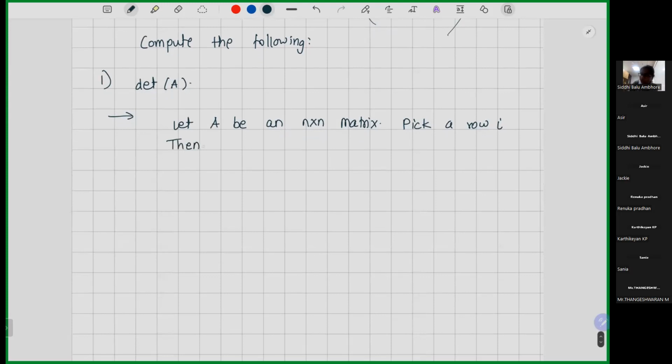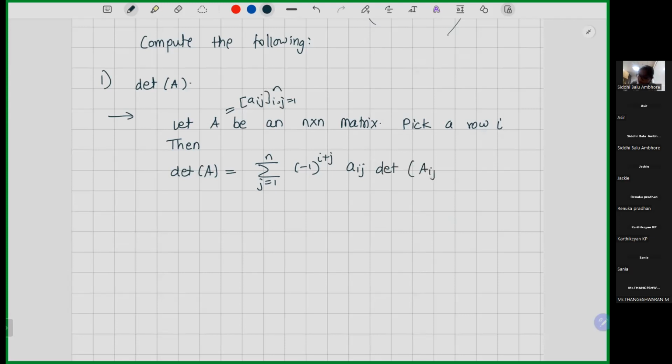Then the determinant of A is the summation over j from 1 to n of minus 1 power i plus j, a_ij, where A is actually a_ij, i, j from 1 to n.